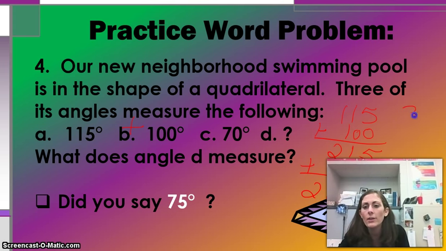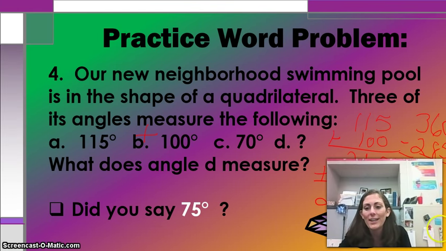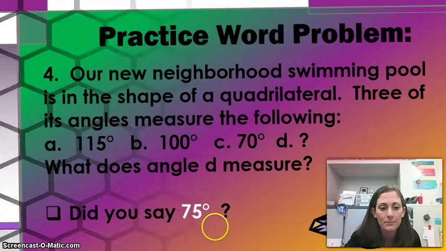Now remember, all the angles in a quadrilateral equal 360 degrees. So 360 minus 285, and that's going to tell you your answer. After you subtract that, you would get 75 degrees.